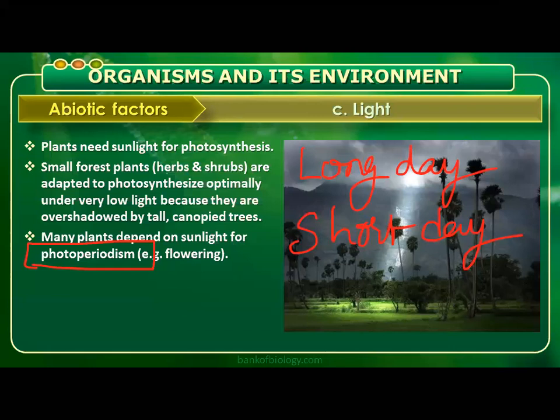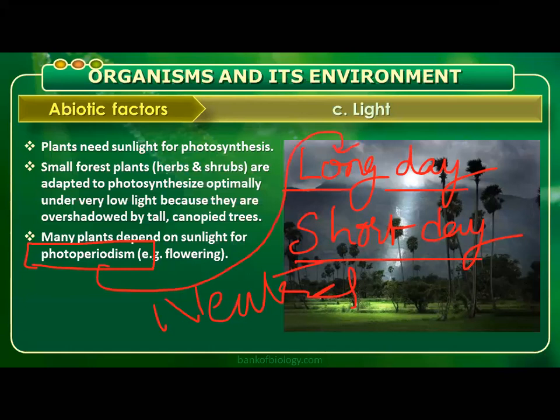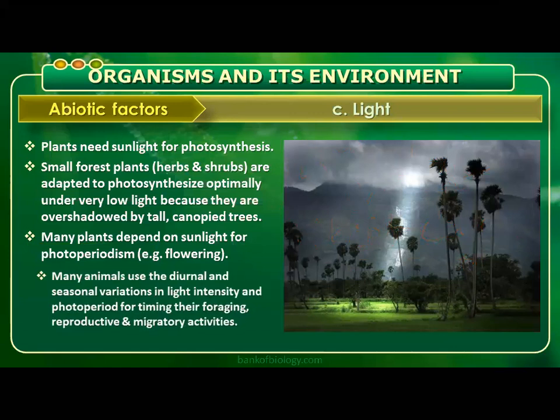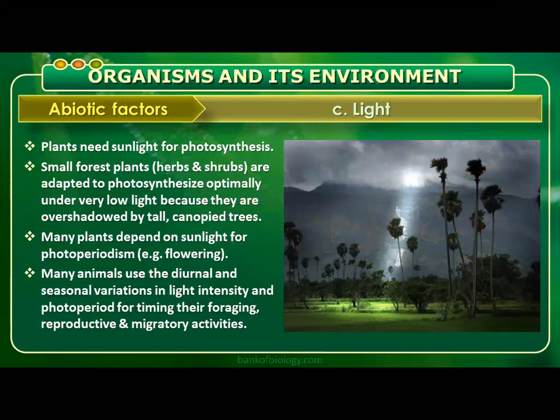We can't say all plants have either a long day or short day effect. Some plants flower throughout the year. We call them neutral plants. So this kind of effect on organisms is called photoperiodism.